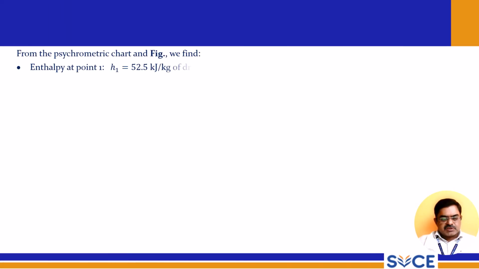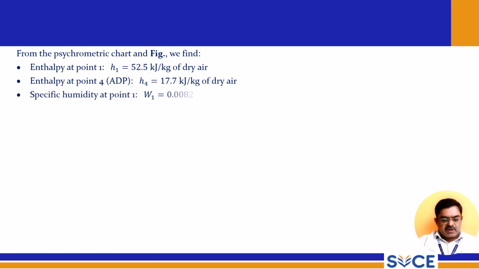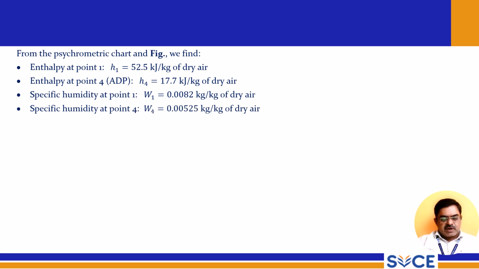From the psychrometric chart, we find H1 equal to 52.5 kilojoules per kg of dry air, and enthalpy at point 4 ADP H4 equal to 17.7 kilojoules per kg of dry air, and specific humidity at point 1 W1 equal to 0.0082 kg per kg of dry air, and specific humidity at point 4, so that is W4 equal to 0.00525 kg per kg of dry air.